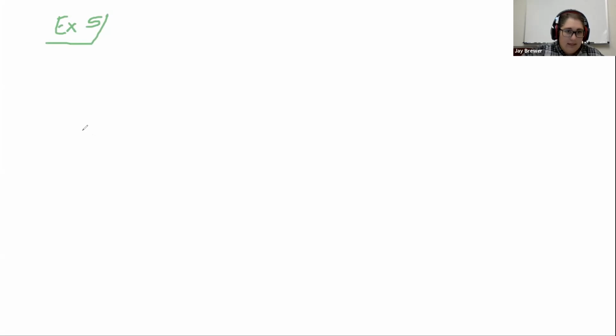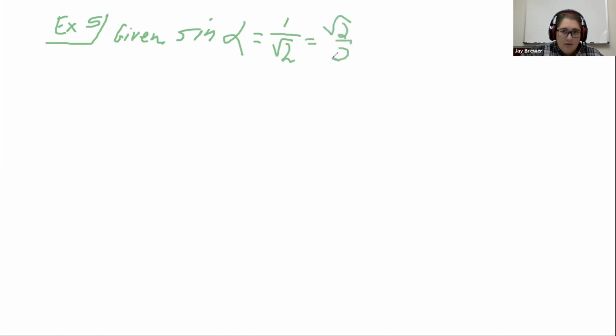So if we are given sine alpha equals 1 over radical 2, or radical 2 over 2, if you rationalize correctly.